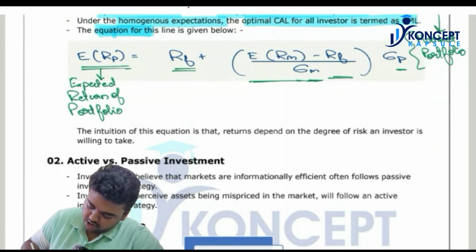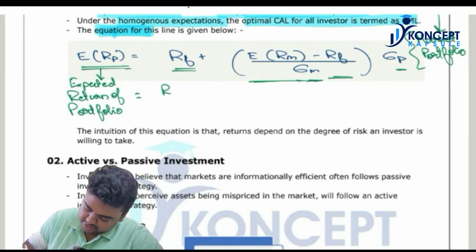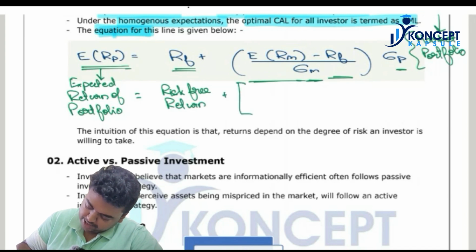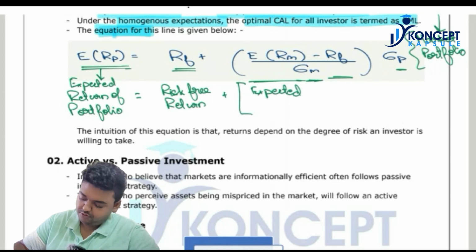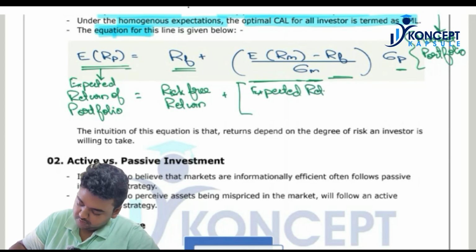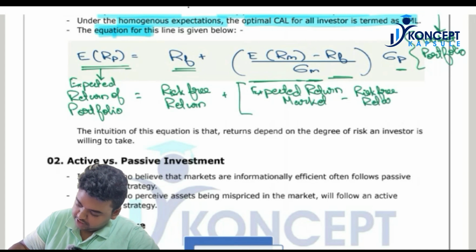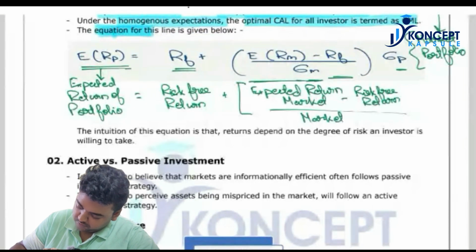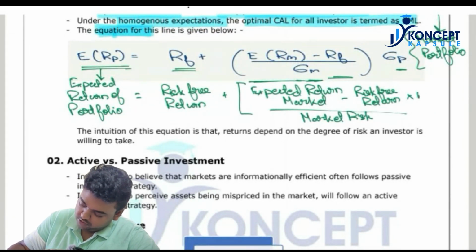It is saying the expected return of the portfolio is equal to the risk-free return plus the expected return of the market portfolio minus the risk-free return, divided by the market risk, into the portfolio risk.